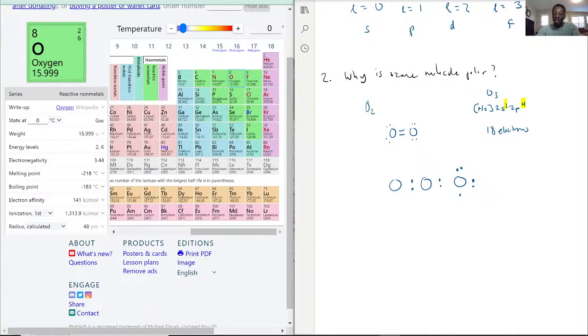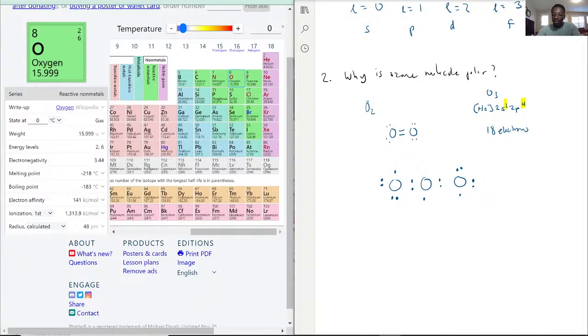This oxygen to the left, same thing. We need 2, 3, 4, 5, 6. And then the oxygen in the center is already sharing 2 of its 6. So it's going to be 2, 3, 4, 5. Just making sure that I counted right. Yep, 1, 2, 3, 4, 5, 6.